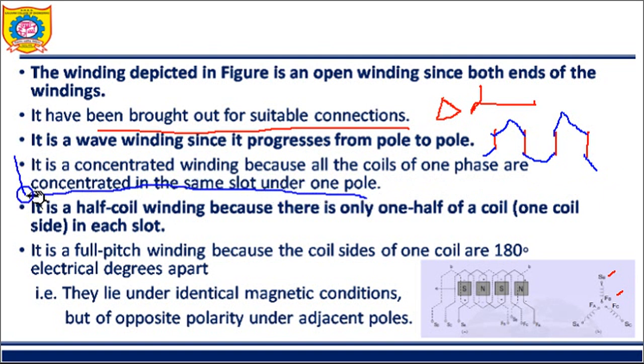This data is very important while solving problems. Most of the time students make mistakes here. It is a half coil winding because there is only one half of a coil, one side of a coil, in each slot. The coil means this is called a coil. See here.